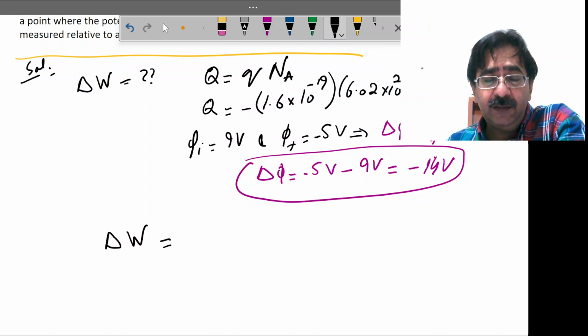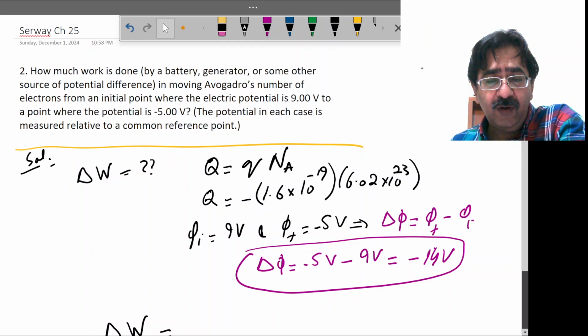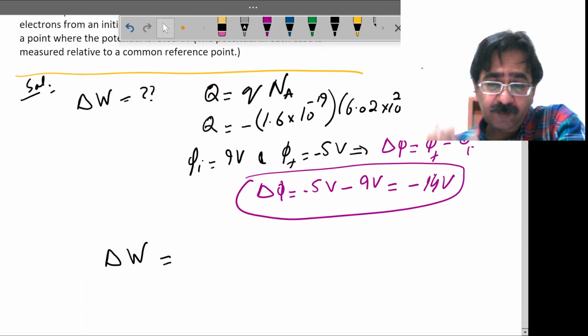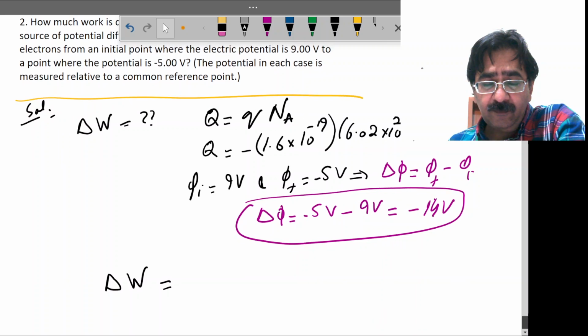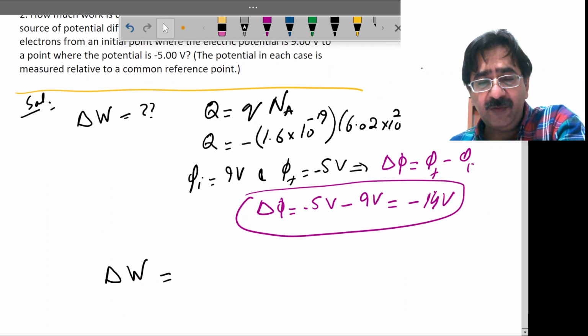But in this problem, work is done in moving the Avogadro number of electrons from electric potential 9 volt, high potential, to low potential, and electrons always accelerate toward the higher potential, as I have already discussed in problem number 1.